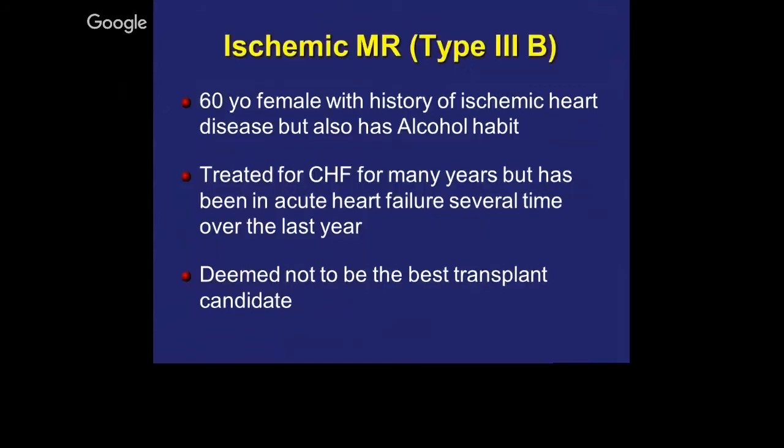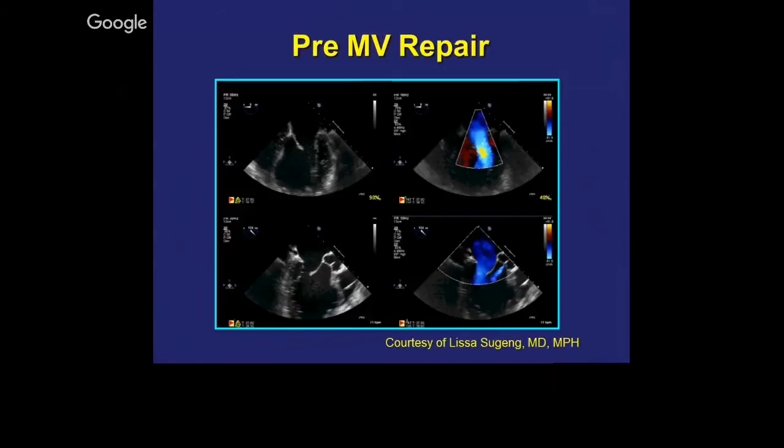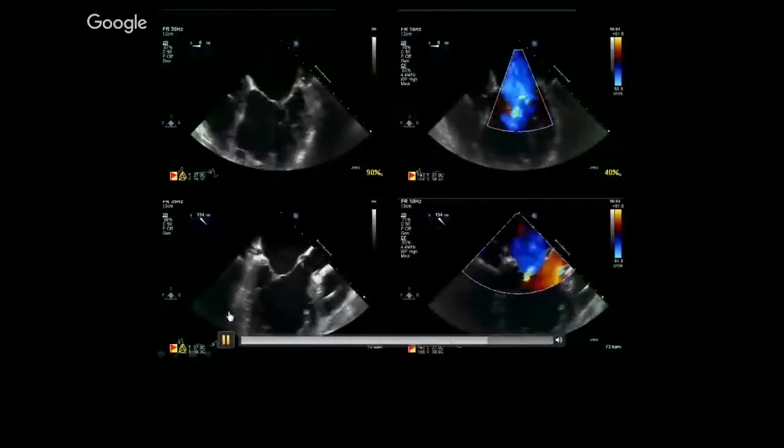And an example of that is this 60-year-old female with ischemic heart disease who also had some alcohol consumption. She's been treated for heart failure for many years, but she's been in and out of the hospital several times in the last year. So she's not deemed to be a candidate for transplant. And this was her echo before repair.